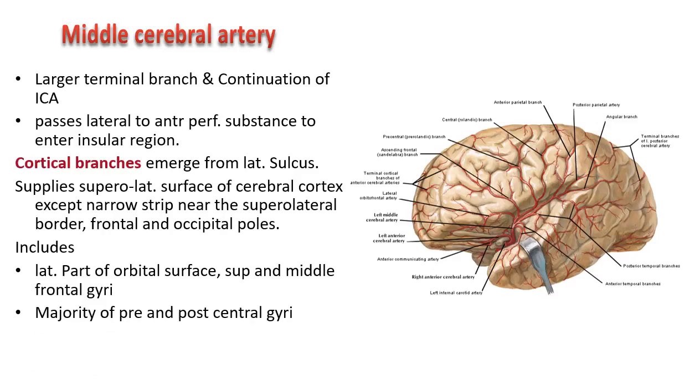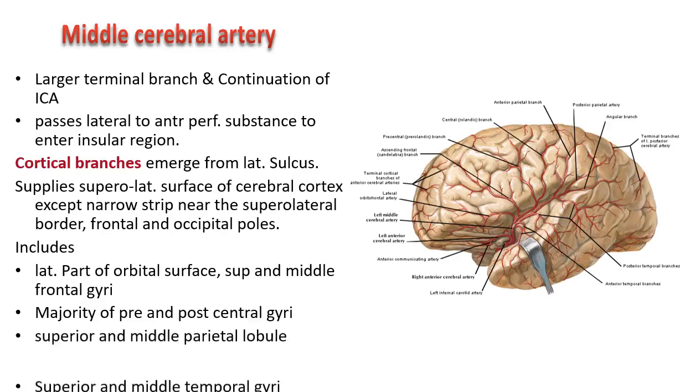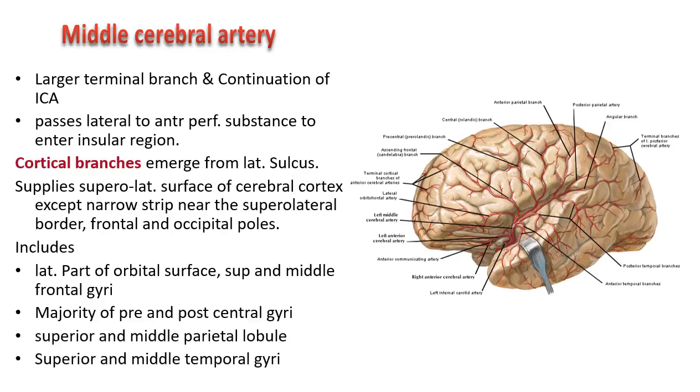Okay, so supralateral surface except a narrow strip near the supralateral border, and then your occipital and frontal poles. But temporal pole is supplied by the middle cerebral artery. Okay, so mainly it also supplies through the central branches.